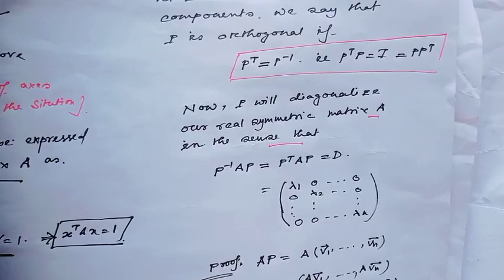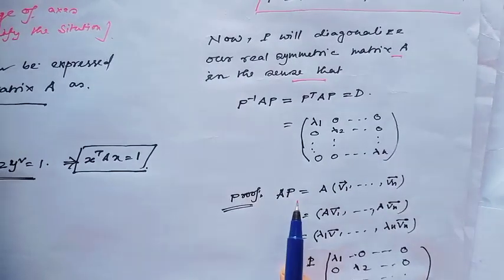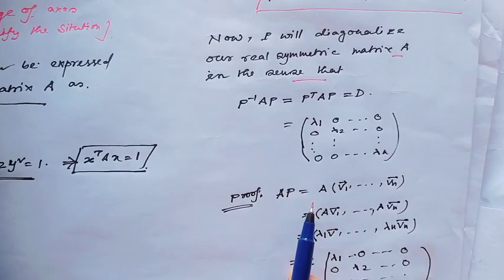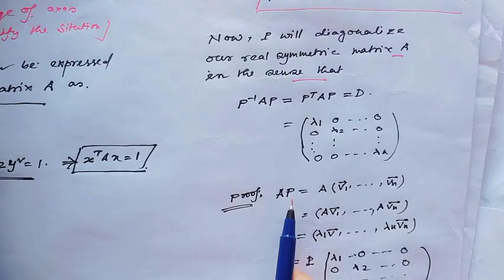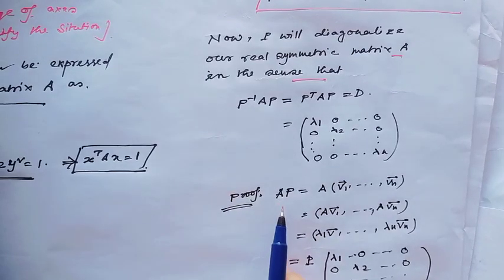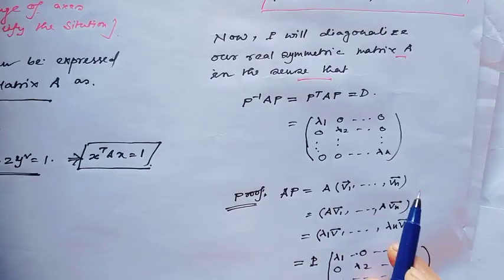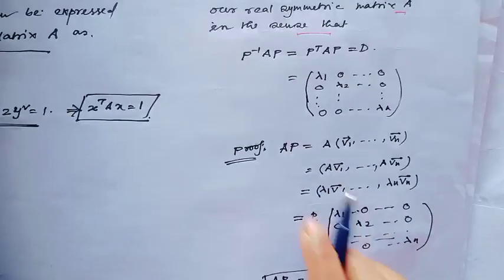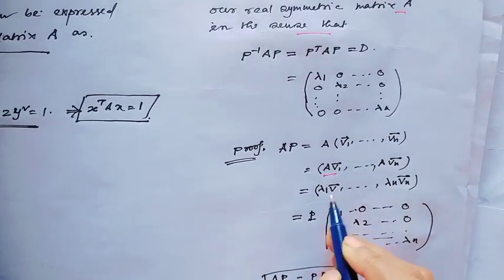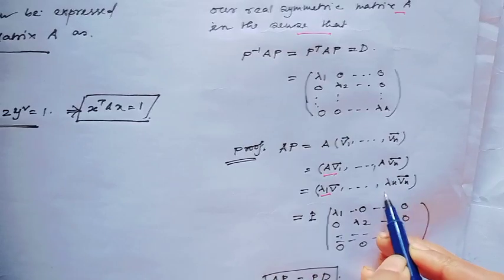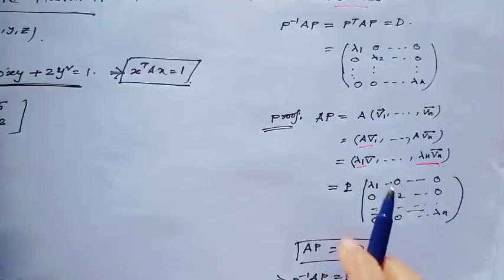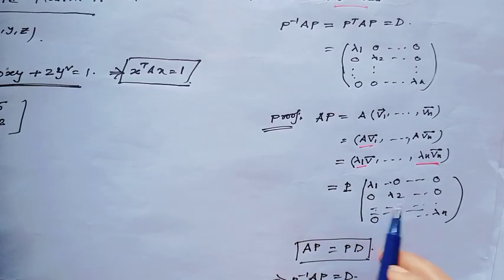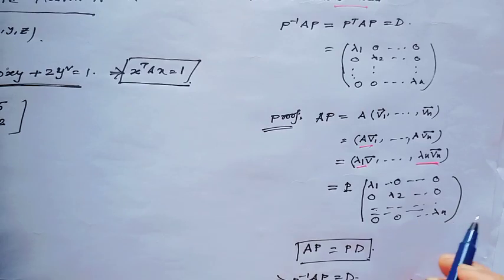The proof is such: since P is an orthogonal matrix, consider the columns of P to be the eigenvectors of A. Then AP is AV1 up to AVn, and AV1 is lambda 1 V1, AVn is lambda n Vn, which is equivalent to P times the diagonal matrix of lambda 1 up to lambda n.